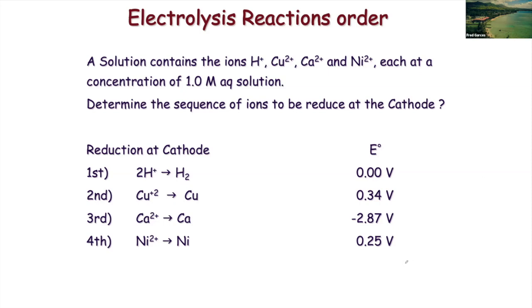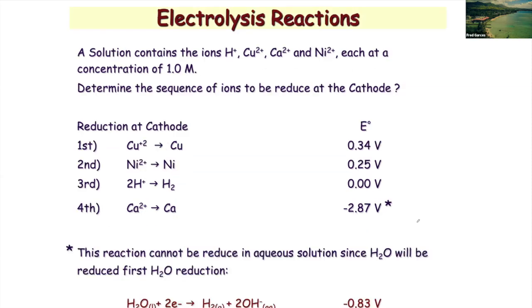Just going based on these potentials, I know that this is the most positive, so this is number one. This will be the first. Then this would be the second. Hydrogen would be the third, and then finally calcium would be the fourth. So that would be the sequence by which these ions are going to be reduced at the cathode. Okay.